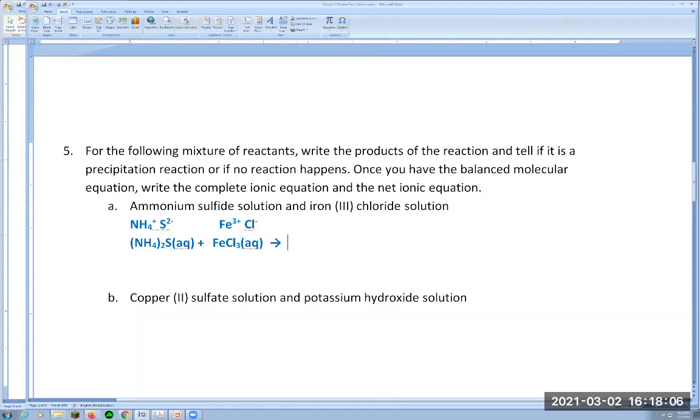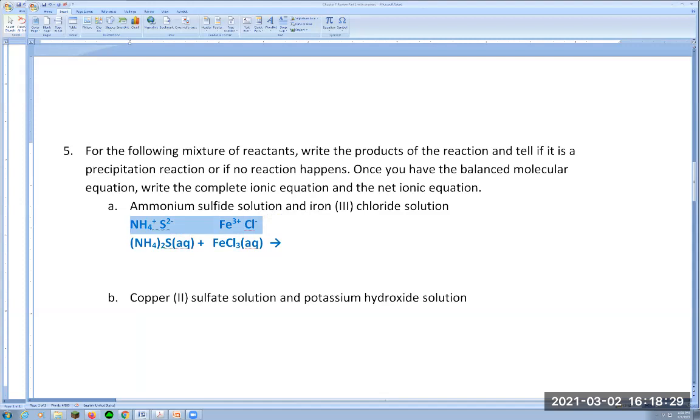Because we have ions, even though these are formulas of compounds, we know that because they are aqueous solutions, what you have in solution is this mixture of ions: NH4+, S2-, Fe3+, Cl-. So they can exchange partners, right?